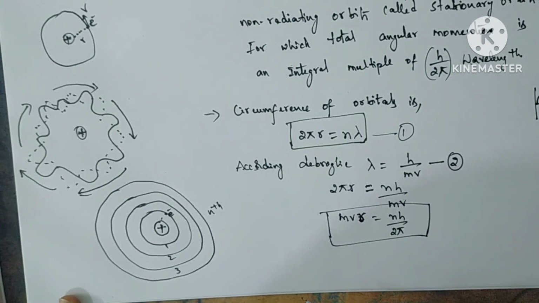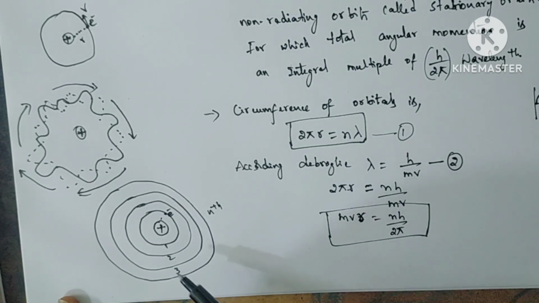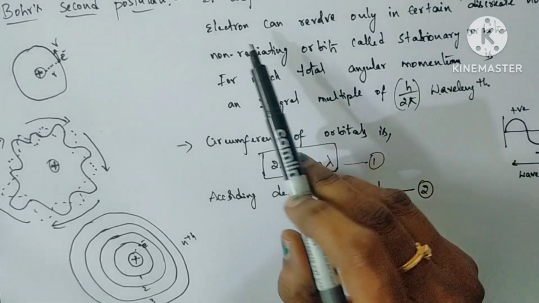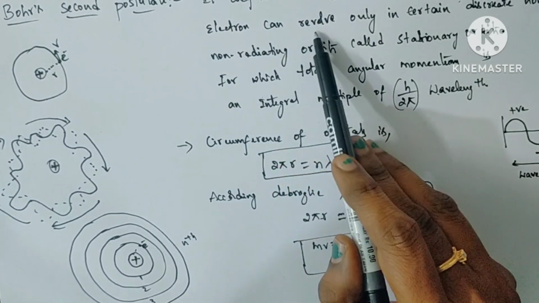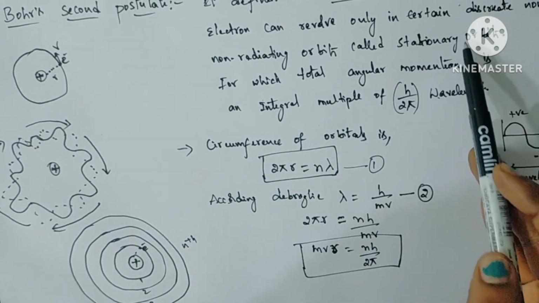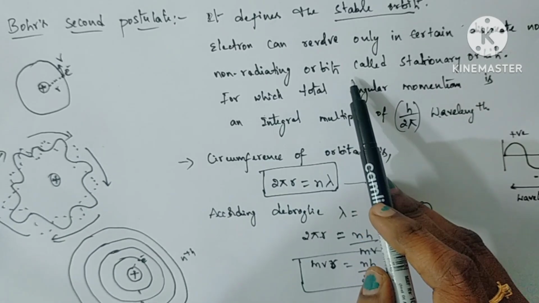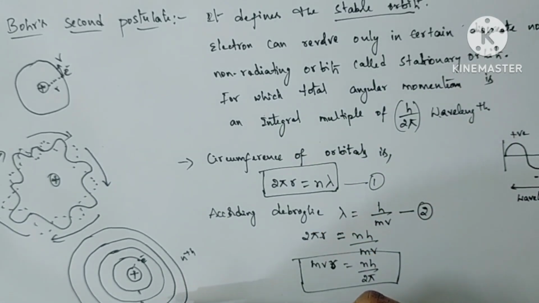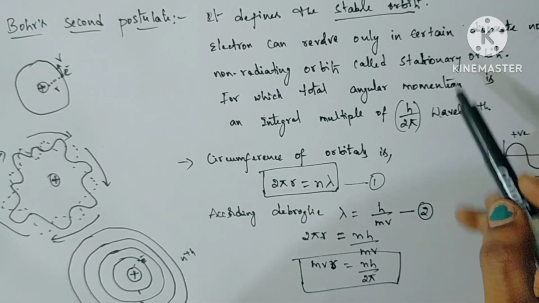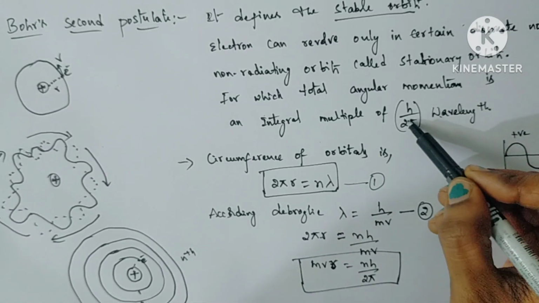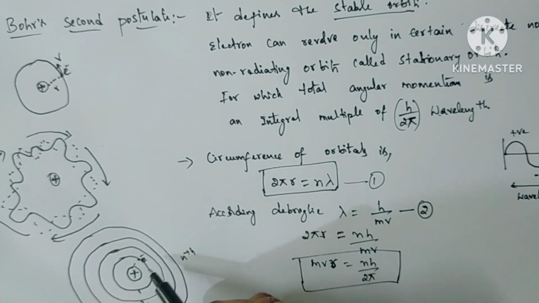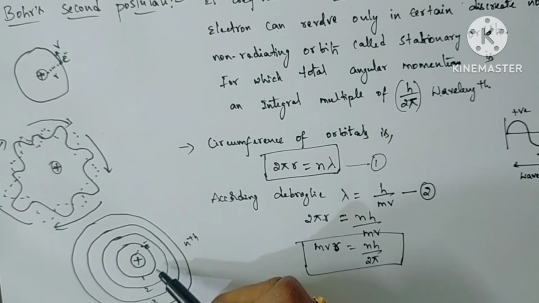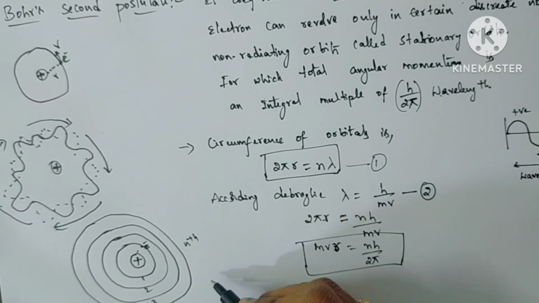As already told, electron can revolve only in certain discrete non-radiating orbits called stationary orbits, in which the total angular momentum is an integral multiple of h by 2 pi.